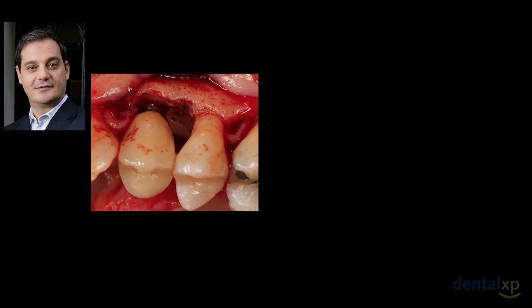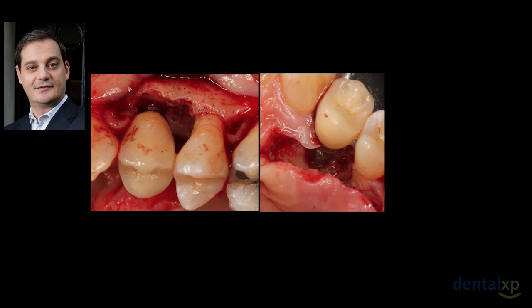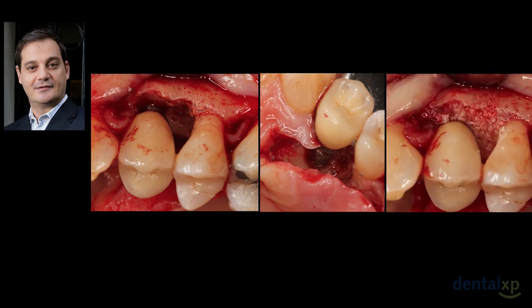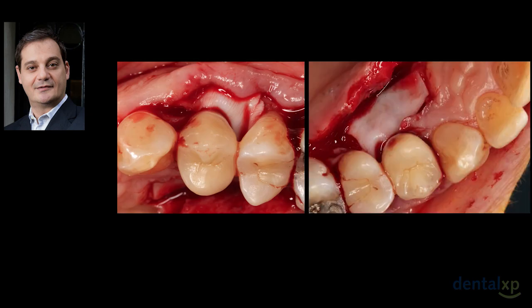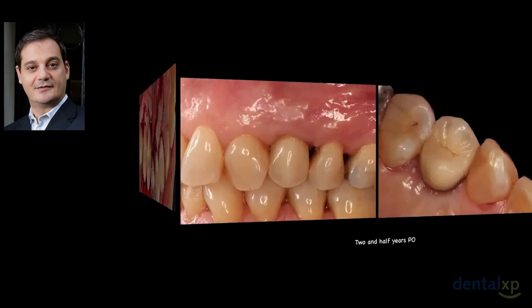We have a buccal plate, and we have loss of the lingual, and we have some proximal. So it was a combination of 2 walls defect, as you can see here. We polished the surface via implantoplasty, and then I placed the allograft and covered it with a pericardium membrane, and the flap was closed.